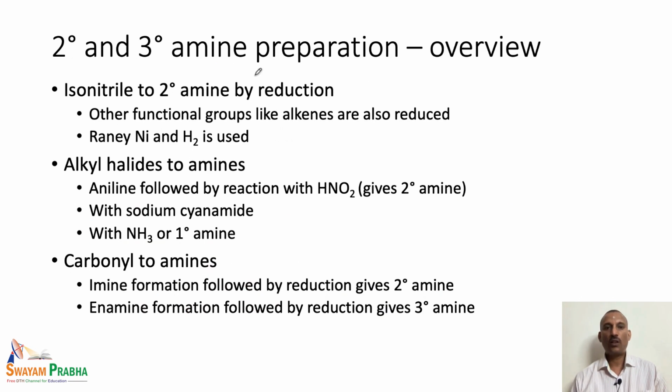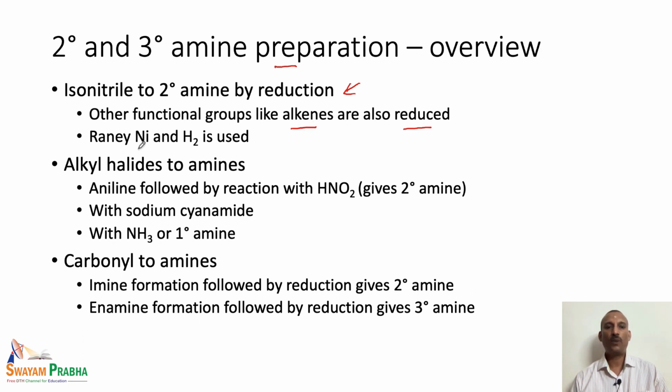Let us look at the overview of the secondary amine and the tertiary amine preparation. We have seen the secondary amine preparation from the isonitriles, that means isocyanide on reduction gives the corresponding secondary amines. When we are using the reduction reaction, the reaction is actually sensitive to other functional groups also, that means alkenes and other groups which can be reduced are also affected in this particular reaction.